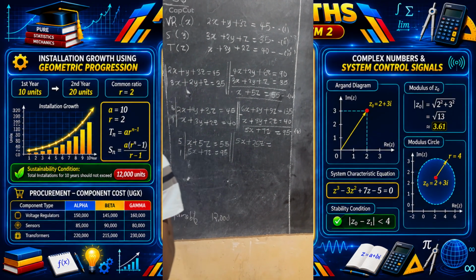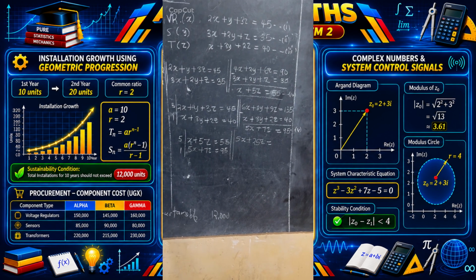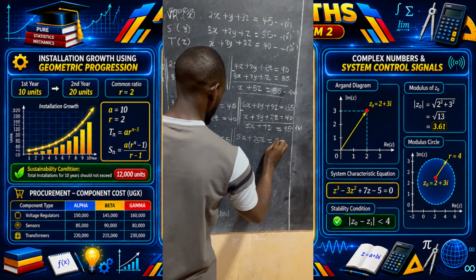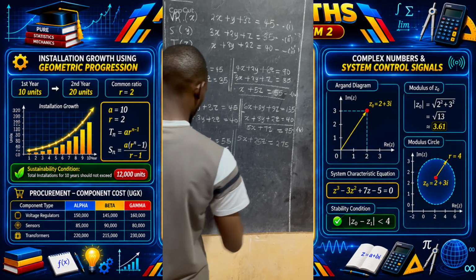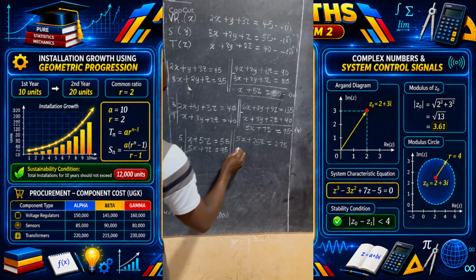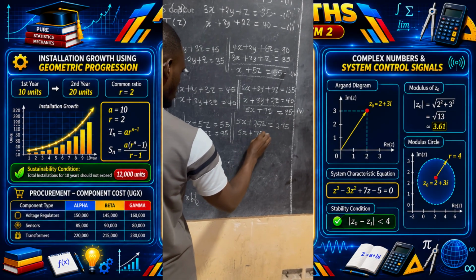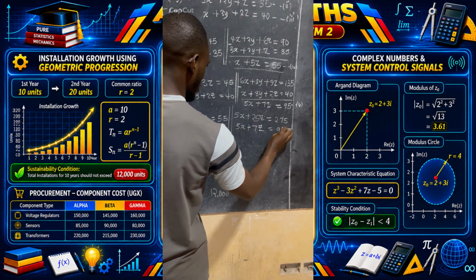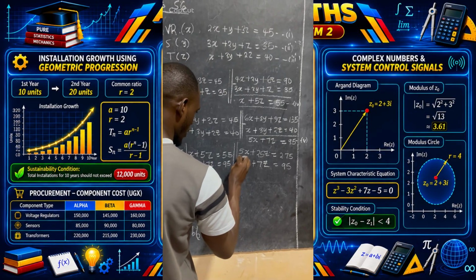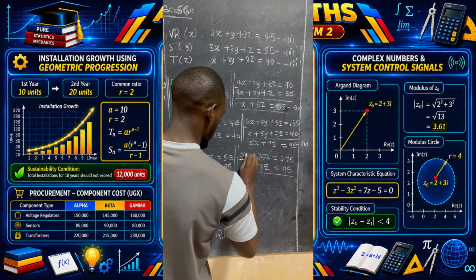This is equal to 55 times 5, which is 275. Then this, since I'm multiplying with the 1, it stays as 5x plus 7z is equal to 95. I need to subtract still such that the x leaves.